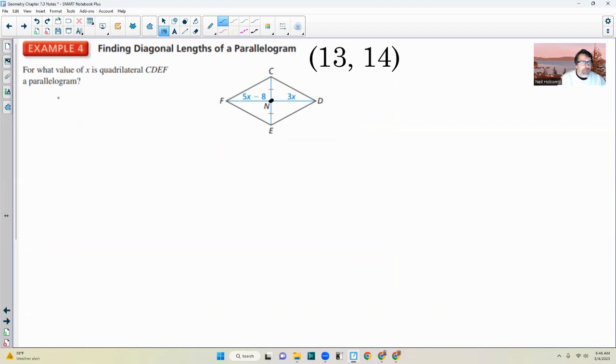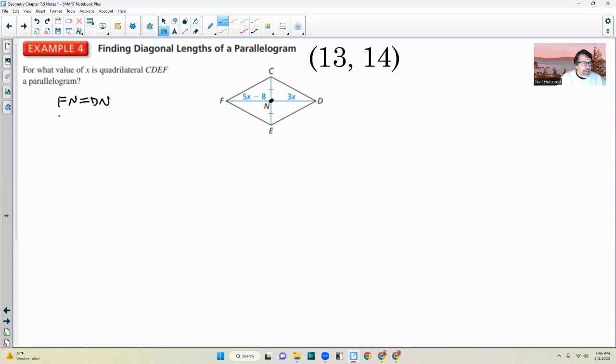So we want FN to equal DN. We want the two segments to be congruent. So I could say segment FN is congruent to segment DN, or just FN equals DN.